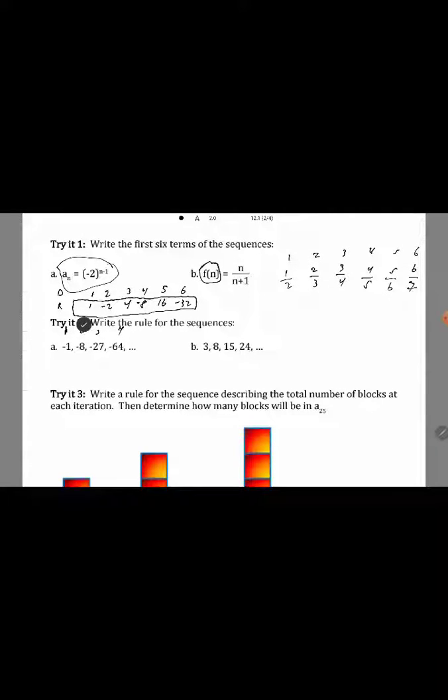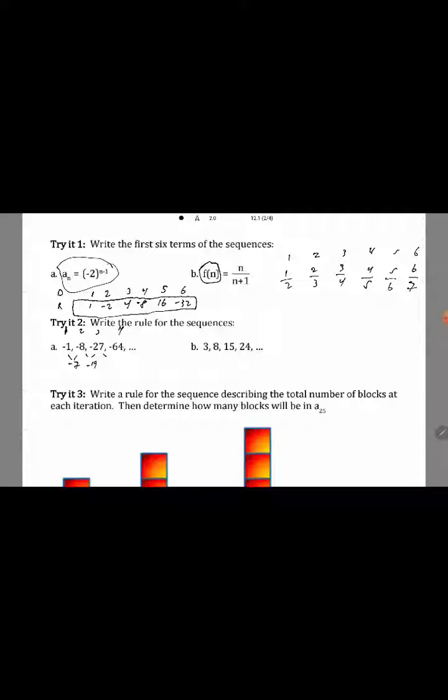One thing you would look for is, you check the difference. So -1 to -8, that's adding -7. But -8 to -27 is -19.